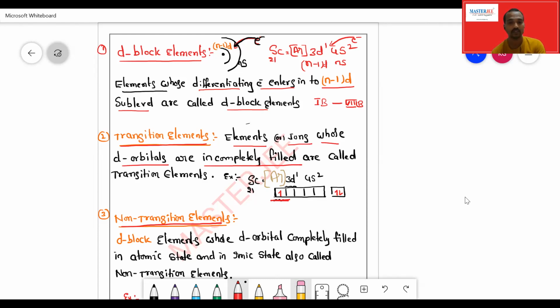As an example, scandium has one unpaired electron, so migration of electrons takes place from lower to higher energy level and back, and these are called transitions. All groups except second B, that is the 12th group, are transition elements.